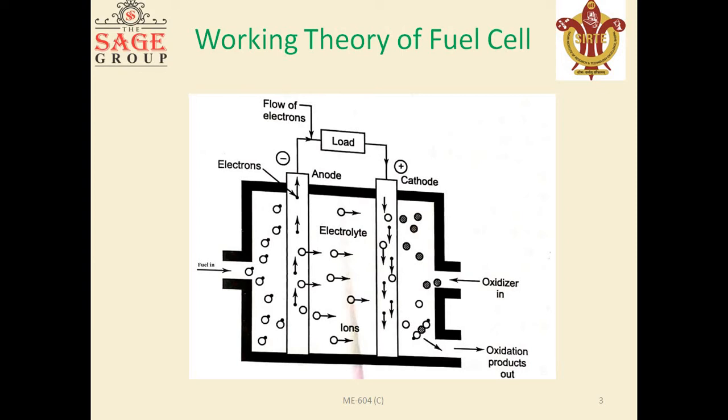Of the available fuels, hydrogen has so far given the most promising results, although cells consuming coal, oil, natural gas would be economically much more useful for large scale applications. So this is the simple working of a fuel cell, and we will discuss later one specific kind of fuel cell in detail.